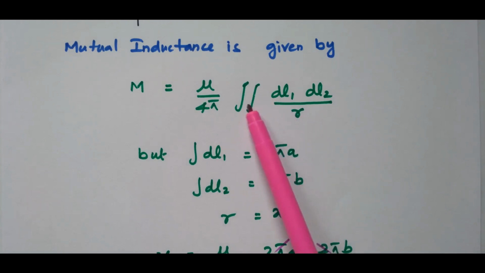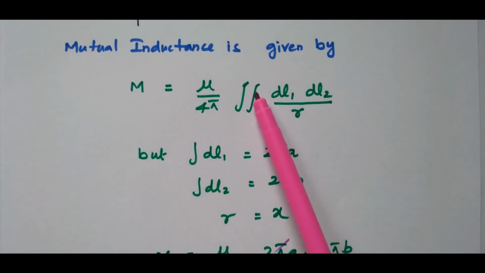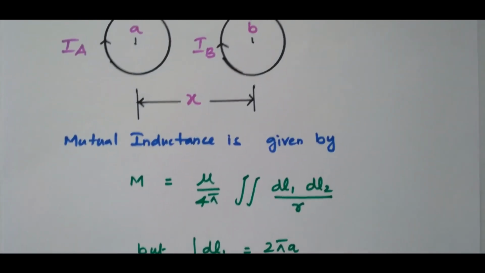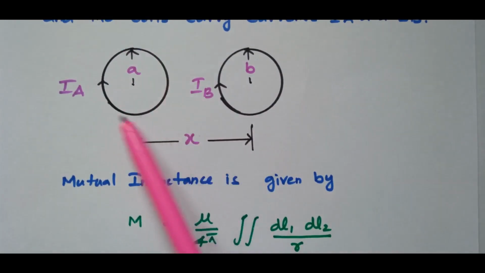What is here? The double integral is available, that is integral dl1 and integral dl2. What is integral dl1? Integral dl1 is nothing but L1. L1 is the length, and length is nothing but circumference. The circumference is 2 pi a, the circumference of this circular current loop.